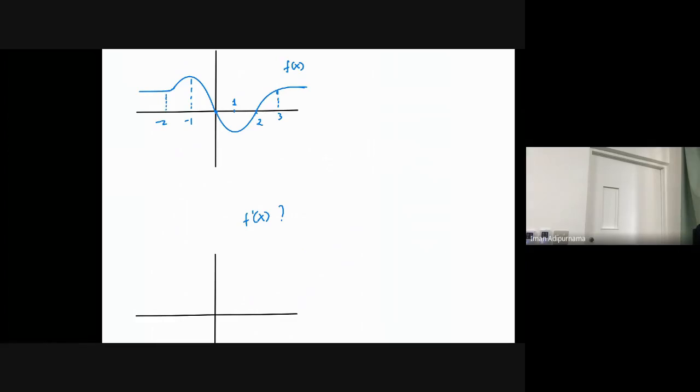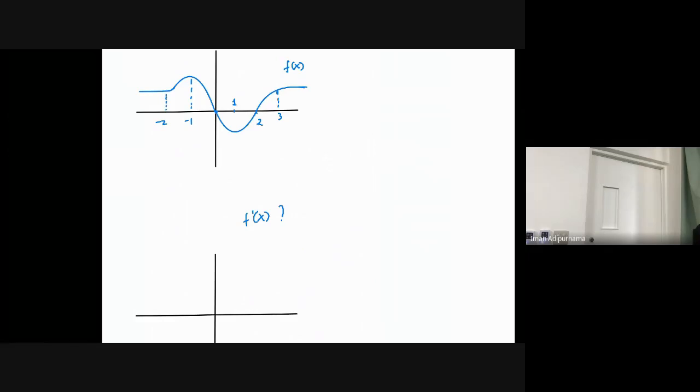Actually, try to draw the first derivative graph from this f. If you see any graph in your textbook, you can assume and predict what will happen to the f prime and maybe f double prime.